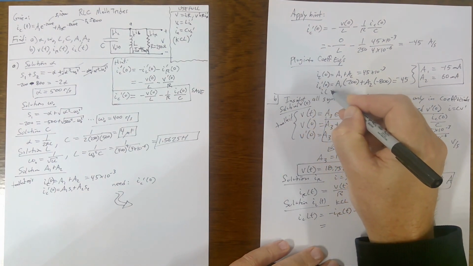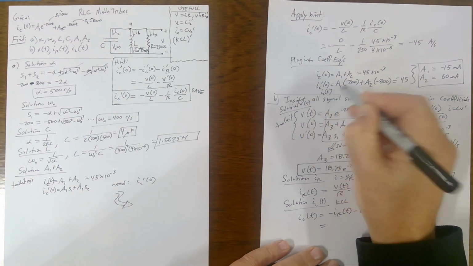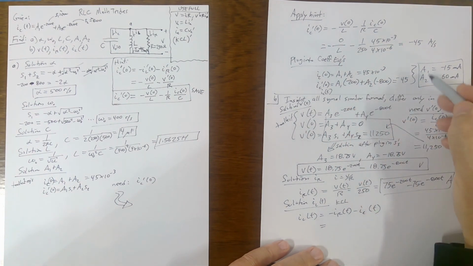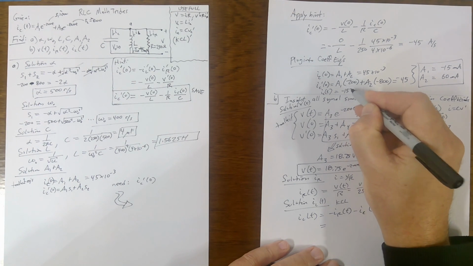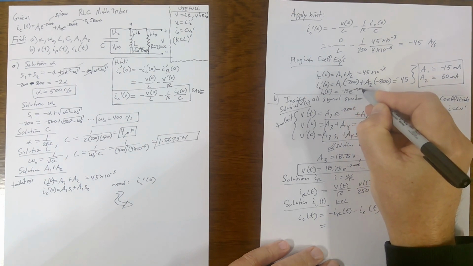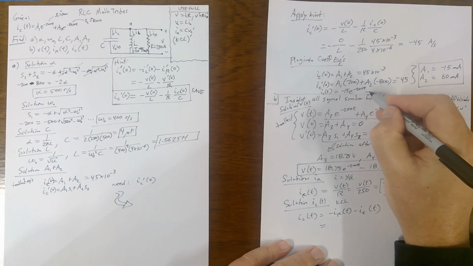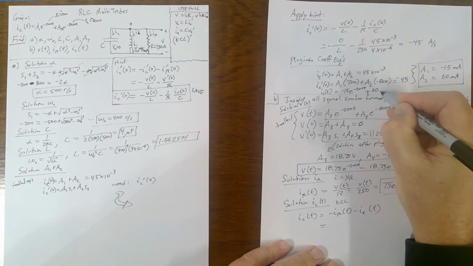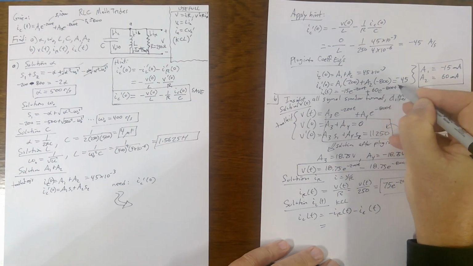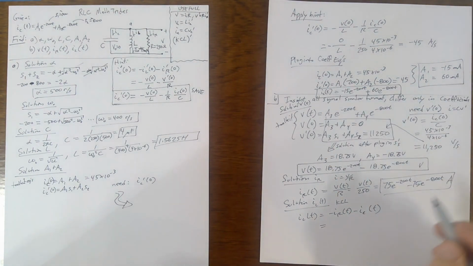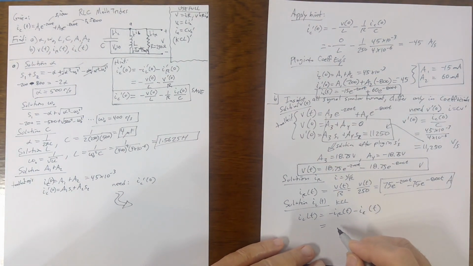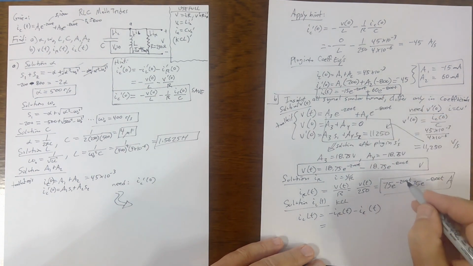Here, I sub c of t is going to be our general solution now that we know our A's, right? It's going to be minus 15 e to the minus 200t plus 60 e to the minus 800t. So subtract this from that, right?